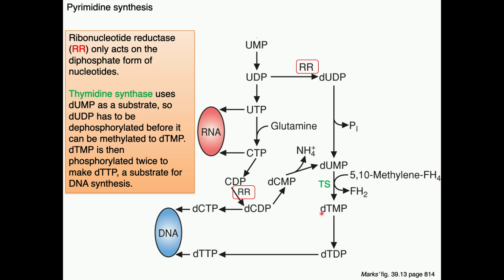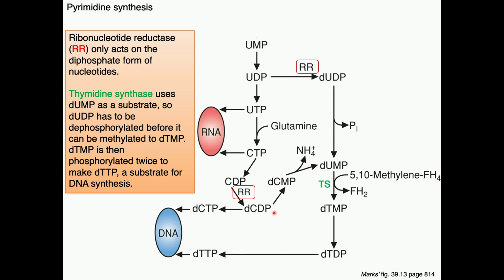So if we want to get to thymidine synthase from UDP, we take the diphosphate form to make deoxyuridine diphosphate, then a phosphatase clips off one of these phosphates to make deoxyuridine monophosphate. Deoxyuridine monophosphate is then the substrate for the methylation by thymidine synthase to make deoxythymidine monophosphate. Deoxythymidine monophosphate is phosphorylated twice, thrice to make deoxythymidine triphosphate, which is a substrate for DNA polymerase.